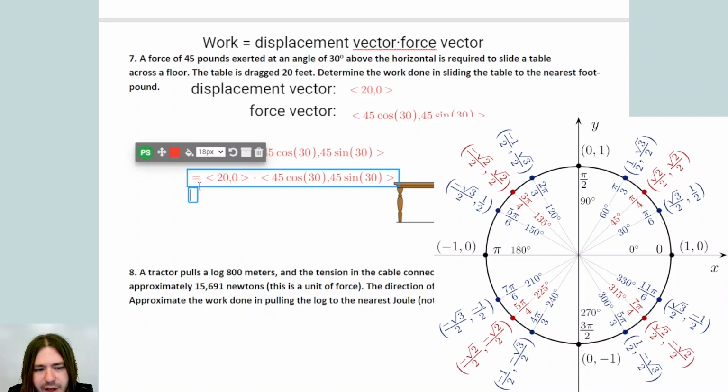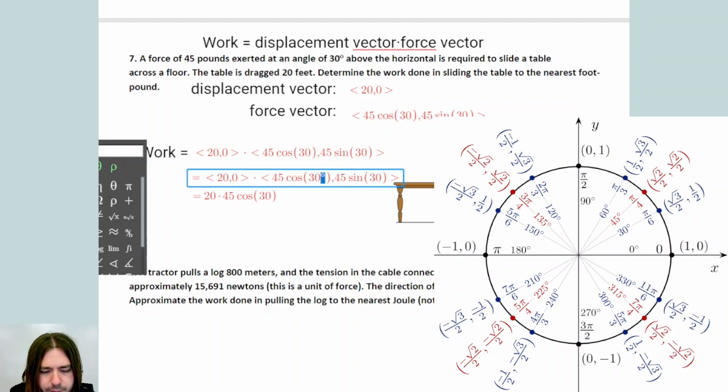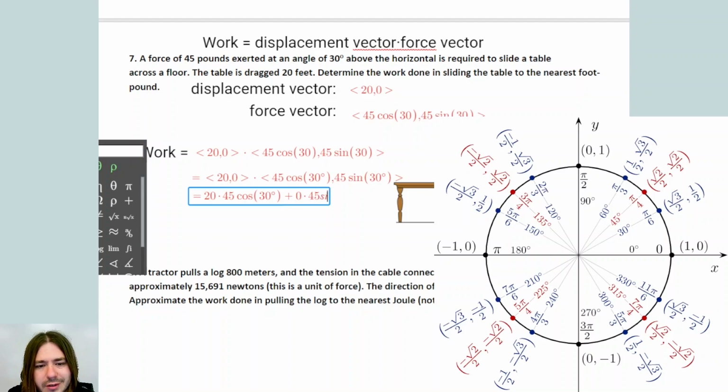So we've got 20 times the 45 cosine 30, in degrees, plus 0 times, and with the 0 times, it doesn't really matter what I multiply by because it's just going to turn out to be 0 anyway. But I'll throw it in there to be complete.